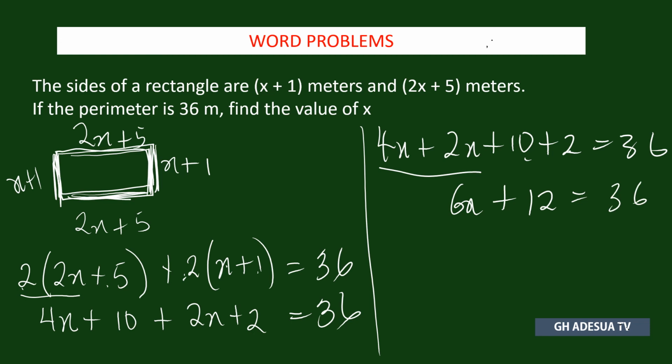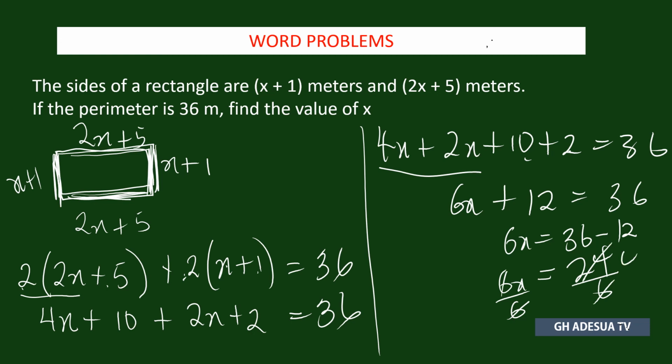It's equal to 36. So we have 6x equal to 36 minus 12. So 36 minus 12 is 24. Divide by 6. So x is equal to 4.